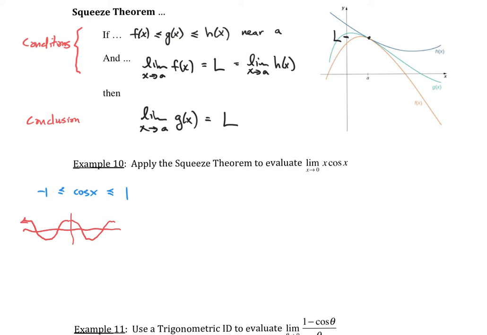It's like a wave that keeps repeating itself, and the upper number is 1, and the smallest it gets is -1, like that. All right. So what I want to do is I want to multiply by x across the inequality.